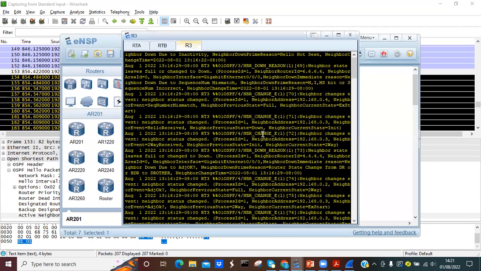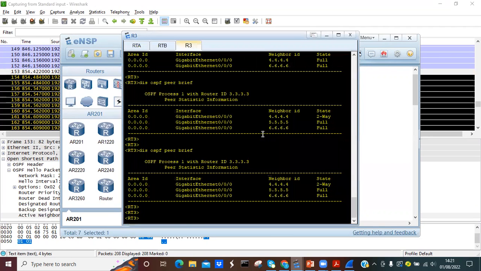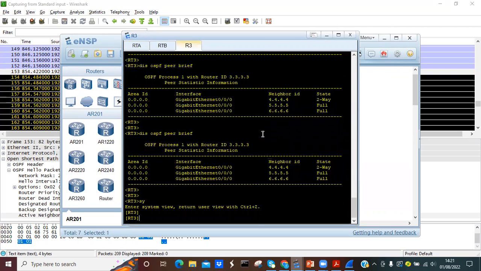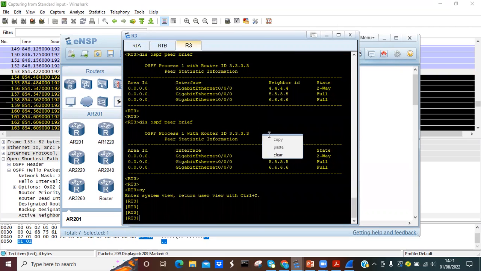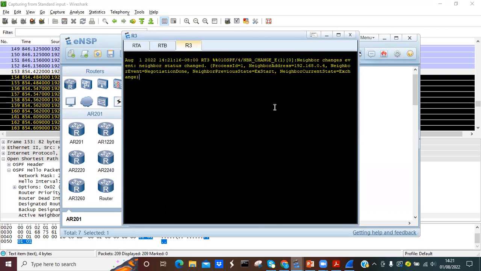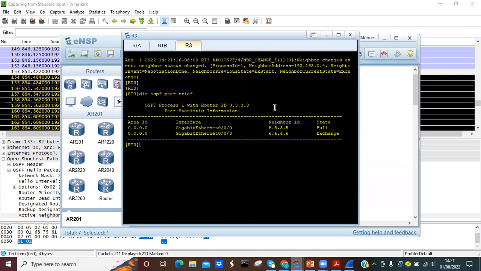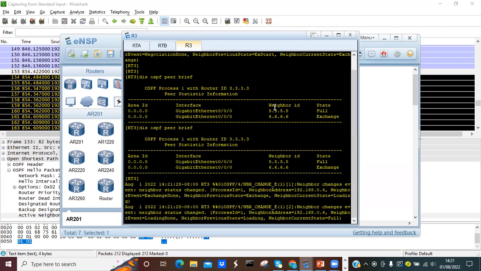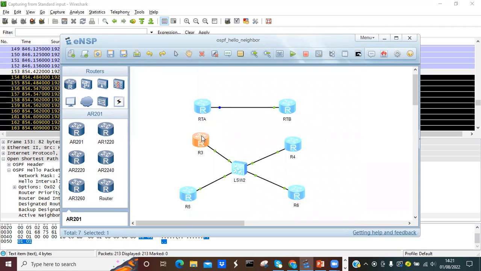If you come here, we can clear this. We can come here and display OSPF peer brief. Sorry for this, why is this one not behaving?